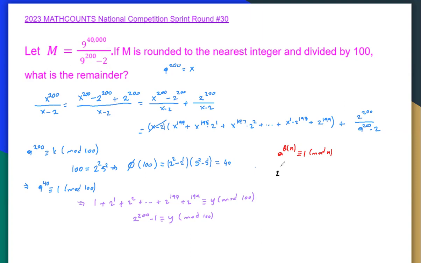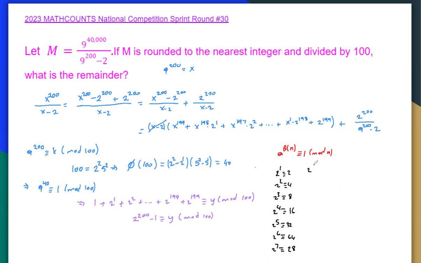By taking the powers of 2, that should be 2. I'm not going to write mod 100. 2 squared is 4, and the third power is 8. The fourth power will be 16, and then the fifth power is 32. 2 to the 6 would be 64, and the 7th will be 128, but I will take the last 2 digits since we are taking mod 100.